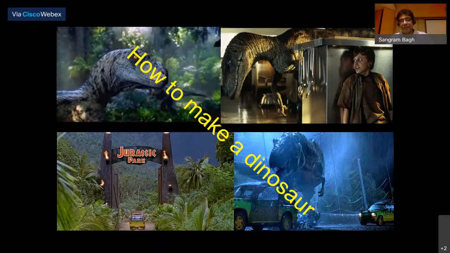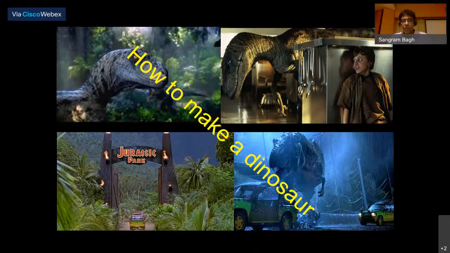This is based on a novel called Jurassic Park, written by Michael Crichton, in 1986. So in 1986, definitely it was science fiction. And what we're going to test first is, with whatever technology we have today in 2021, can you make a dinosaur? The very fundamental question is how to make a dinosaur.